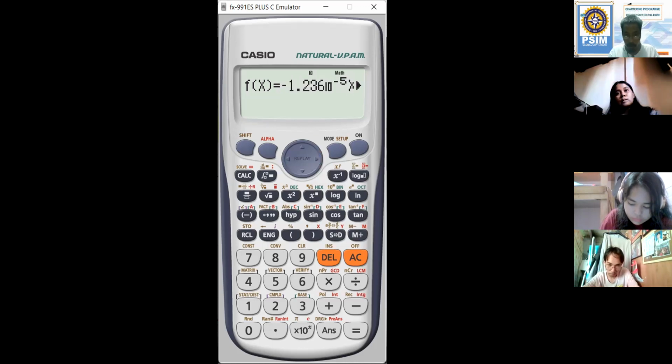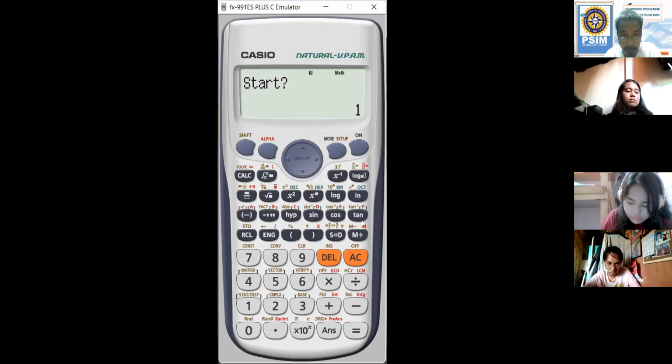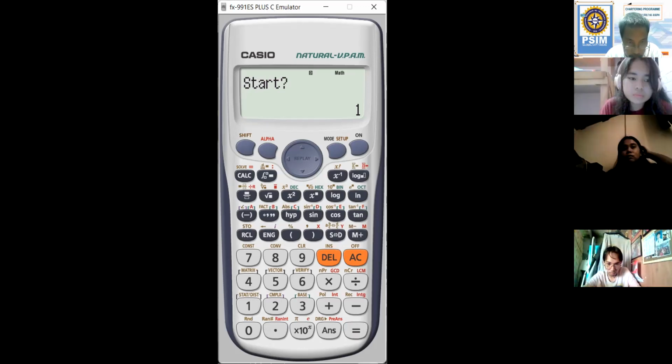What we are going to do is to tabulate some values for this data. Why do we have to do g(x)? What is g(x)? Start. What is the starting point? Let us start at about 350.